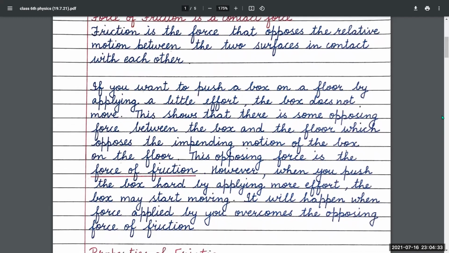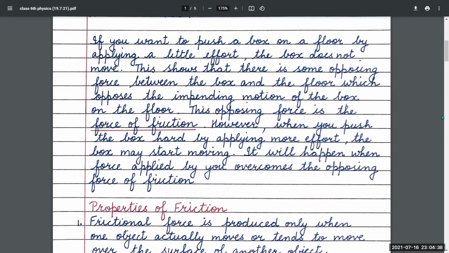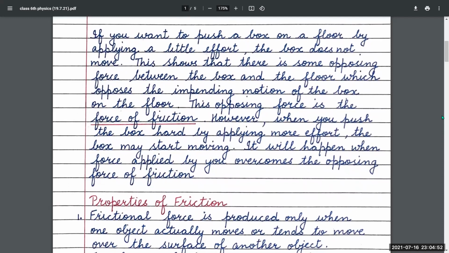For example, if you want to push a box on a floor by applying a little effort, the box does not move. This shows that there is some opposing force between the box and the floor which opposes the impending motion of the box on the floor.